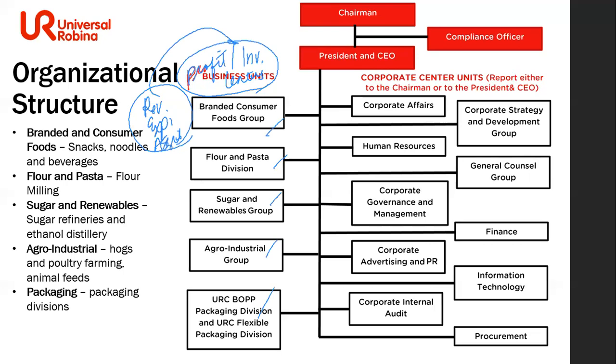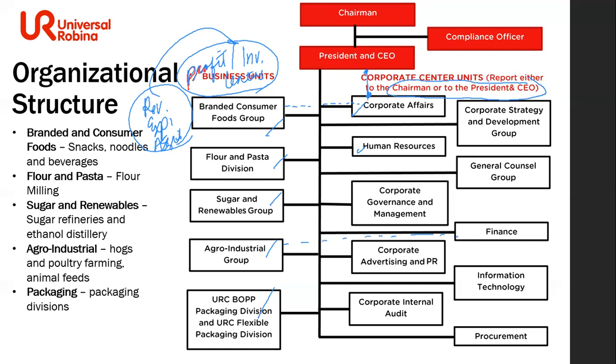Okay? Now let's look at the corporate center units. So meron pang corporate affairs, human resources. They all report to the chairman or the president and CEO. Okay? Accountable sila to the president and the chairman. Okay? So therefore, kung tutuusin, kung reporting sila dito, kunyari corporate affairs, reporting to the president. Pero yung brand and consumer good, kailangan din niya ng services ng corporate affairs. Right? Kailangan ng services ng agro-industrial, may services from finance.